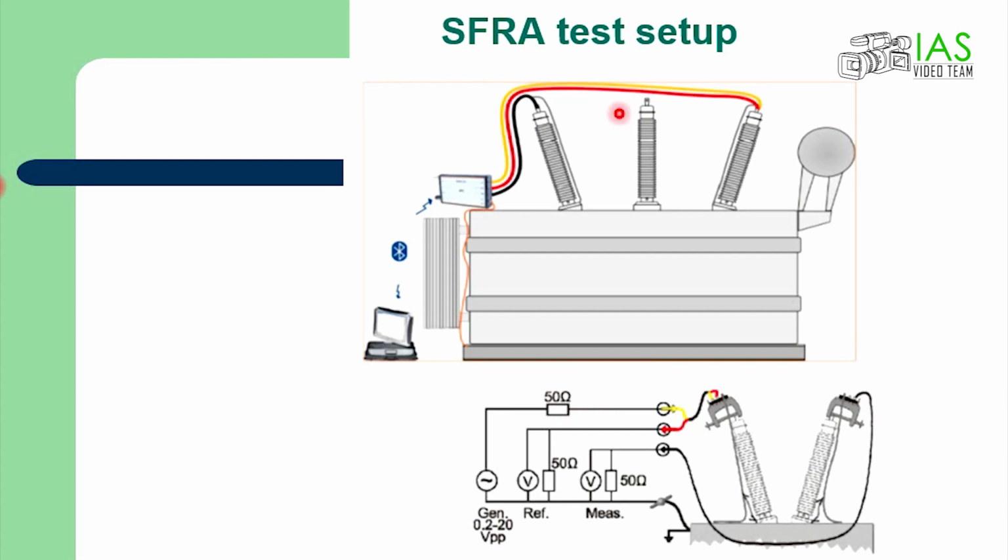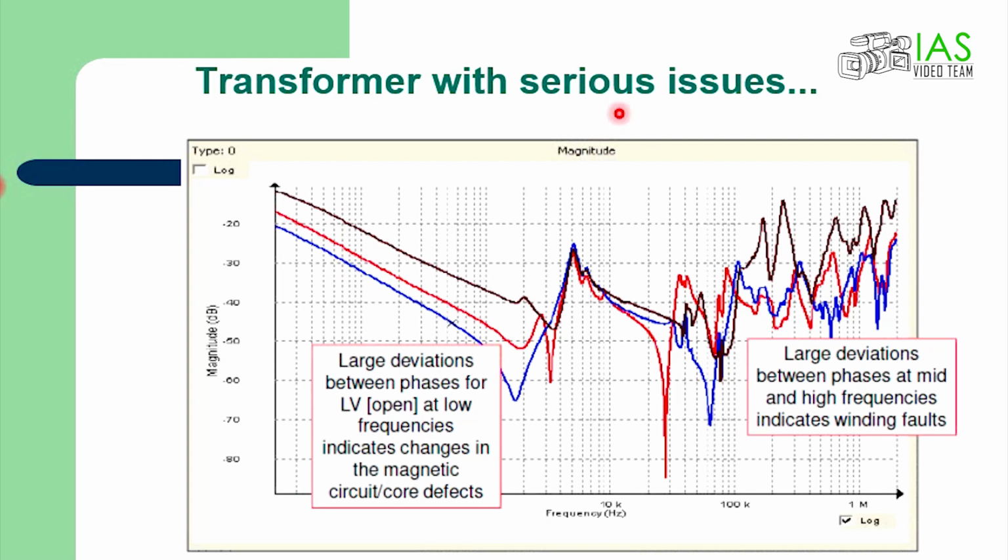Now, the SFRA test is indicated here. So, how that is connected to the measurement over there, and this one, large deviations between phases for LV, low voltage side, or the MV or whatever, the secondary side.